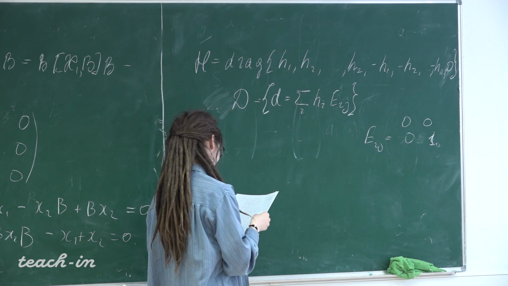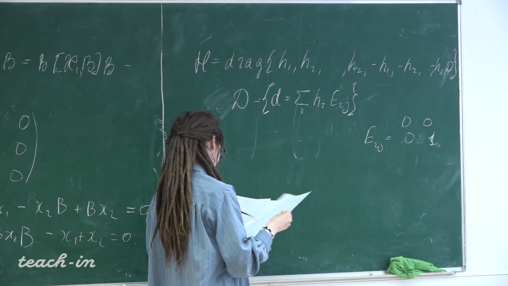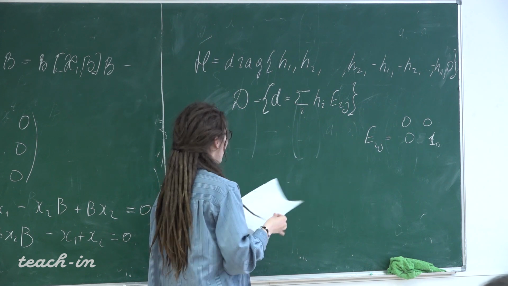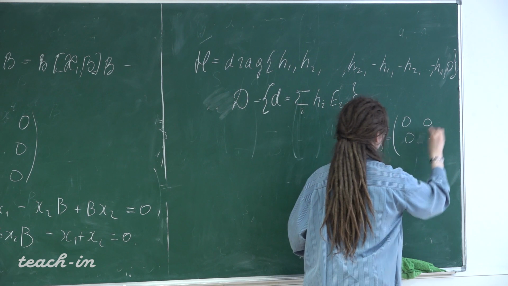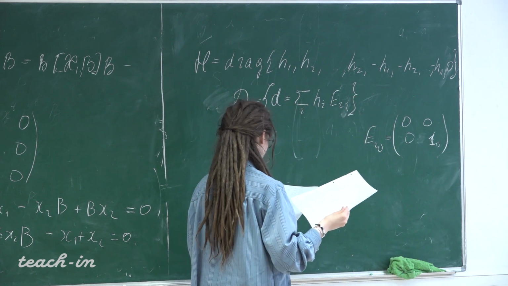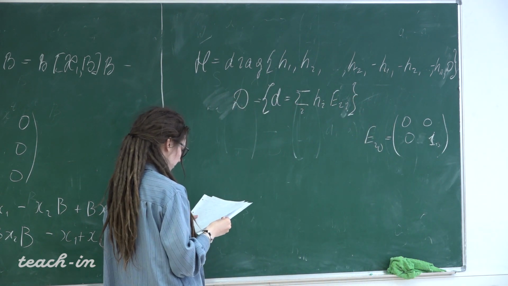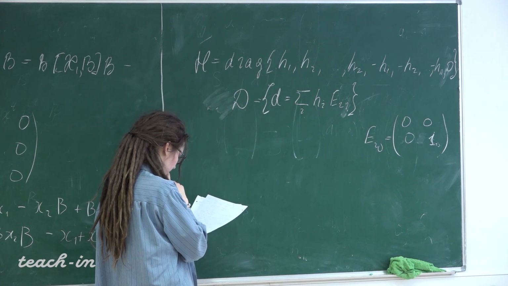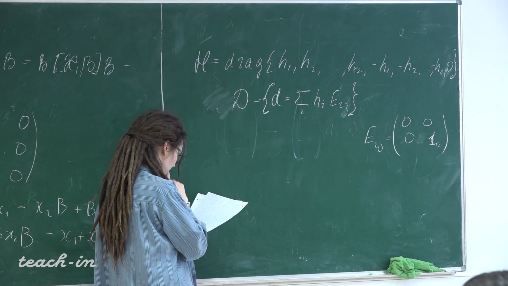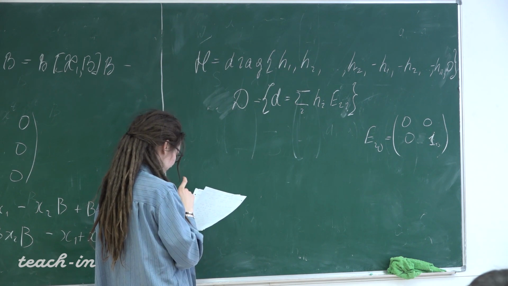Oh, yeah. Wait, sorry, it's i. Yeah, it's i. Okay, so any diagonal matrix can be written like this. I agree.